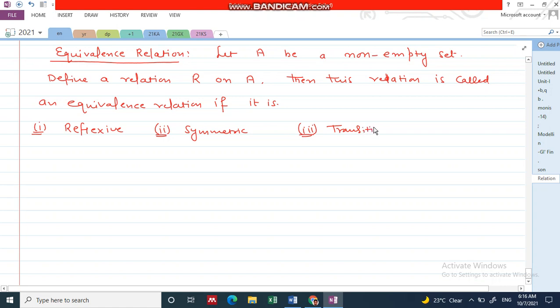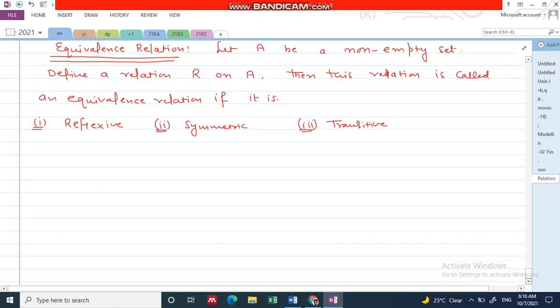So if any relation is all these three, reflexive, symmetric, and transitive, then that relation is called an equivalence relation.